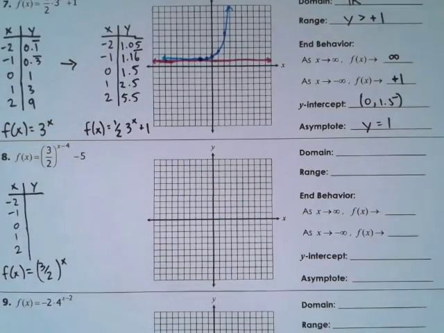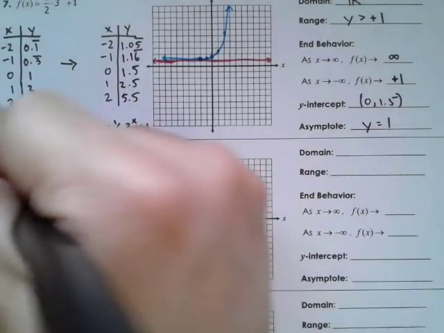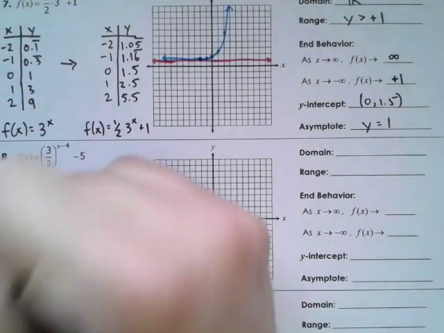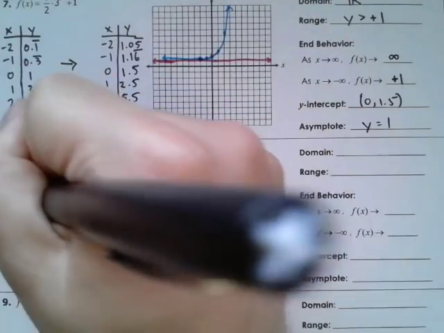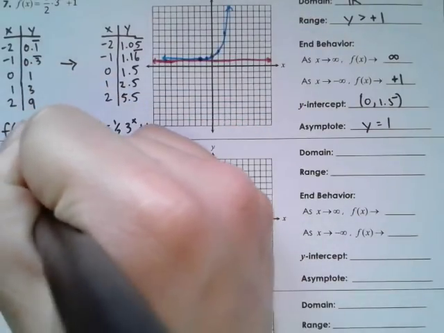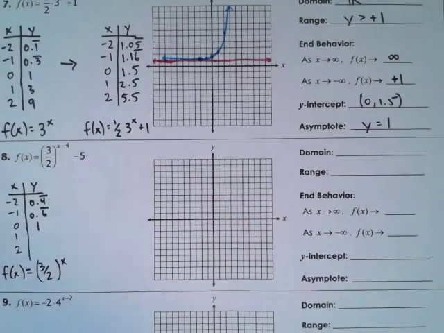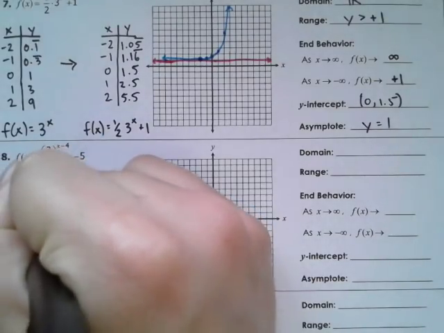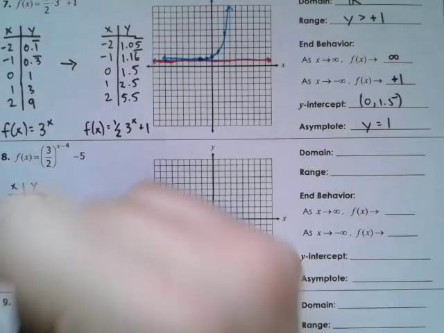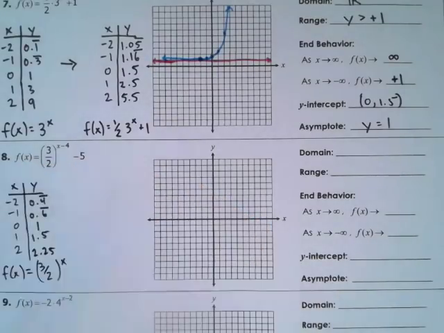When I plug in my values here and I evaluate, I get 0.4 repeating decimal, 0.6 repeating decimal. When I plug in 0, I get 1. When I plug in 1, I get 1.5. And when I plug in 2, I get 2.25.